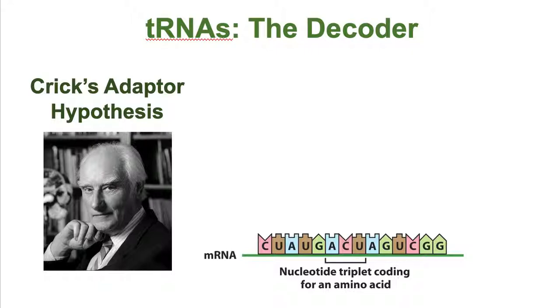You don't have to know all these things, but they generated all these different types of messages and found that if it's CUC in different frames, it can be leucine or serine, and they systematically went through it and found out what codons coded for what amino acids, and proved Crick's hypothesis.